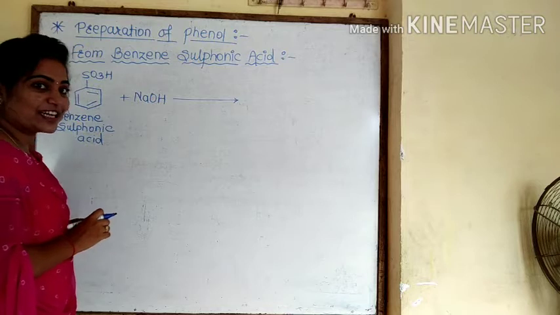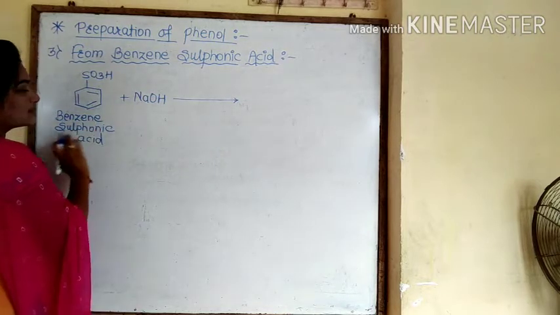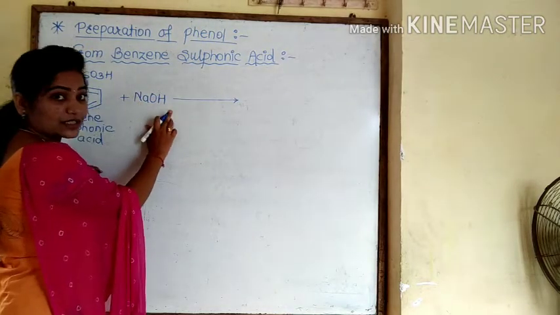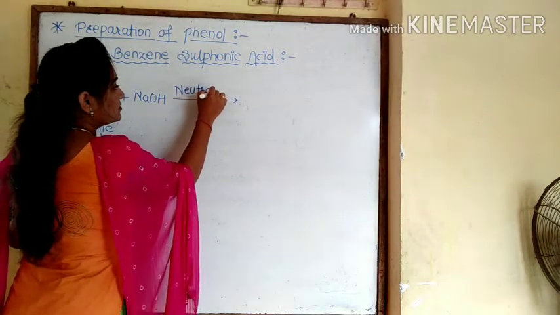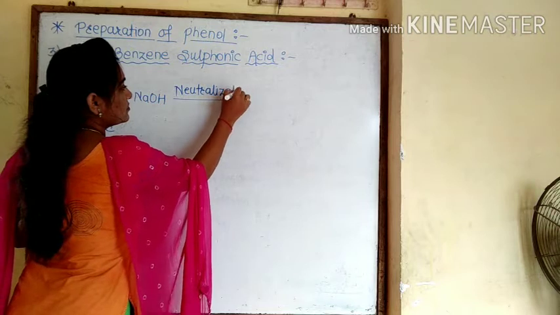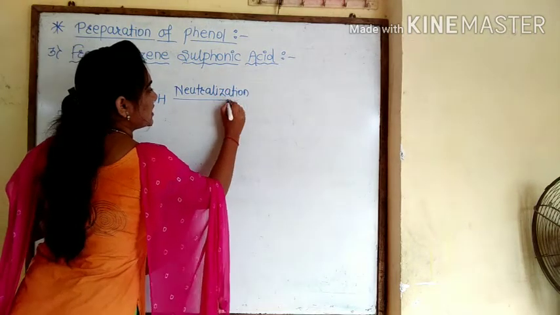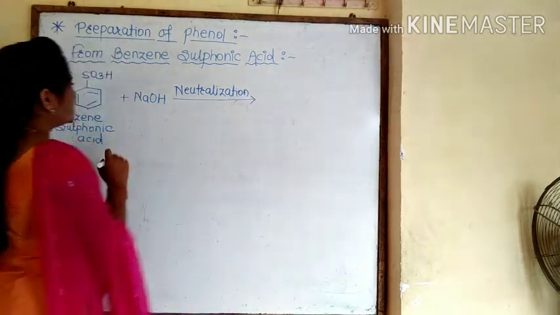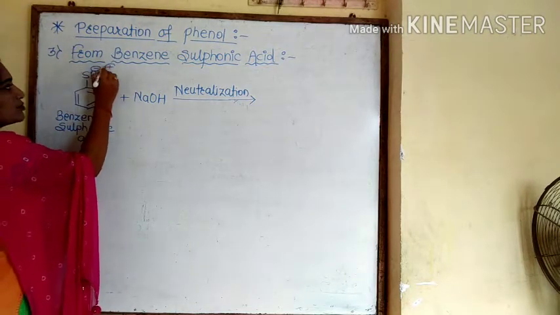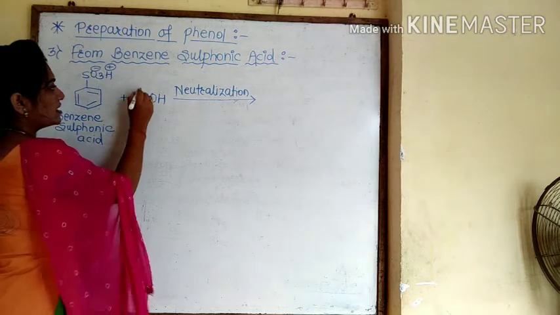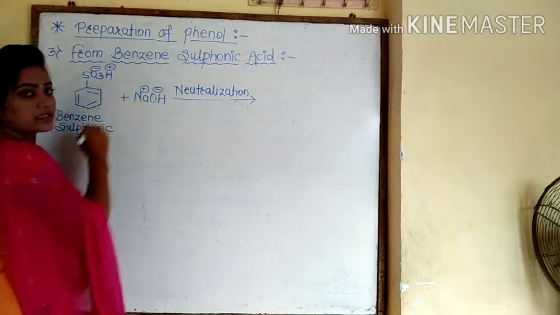So look here, this is benzene sulfonic acid; when it reacts with NaOH, here SO3 negative, H positive, here Na positive, OH negative.